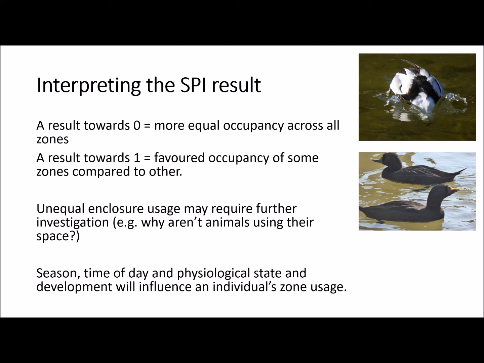We would have to calculate SPIs across multiple occasions and consider behavioural data and health-related information, such as body condition scores, before we were able to accurately state that biased enclosure use and SPI values towards one were suggestive of poorer welfare.